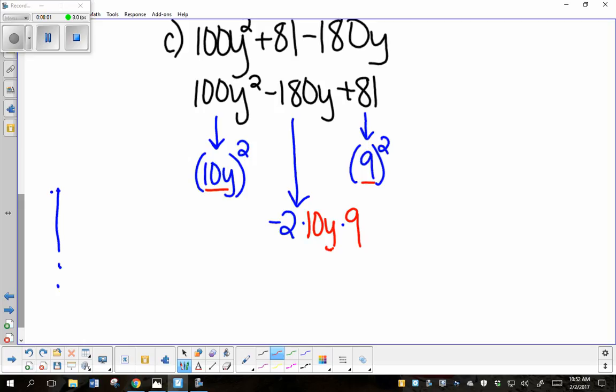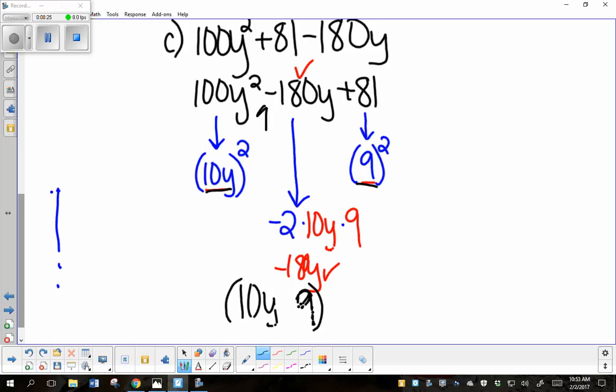So negative 2 times 10 is negative 20, times 9 is negative 180, times that y, whoops, I forgot the 0, 180y. That works, that's the middle term. So this is a perfect square binomial, and if we wanted to factor it, we would put our first term from here, our second term in a binomial. Since there's a minus right there, it's going to be a minus in here, and we square it. That's it. 10y minus 9 squared.